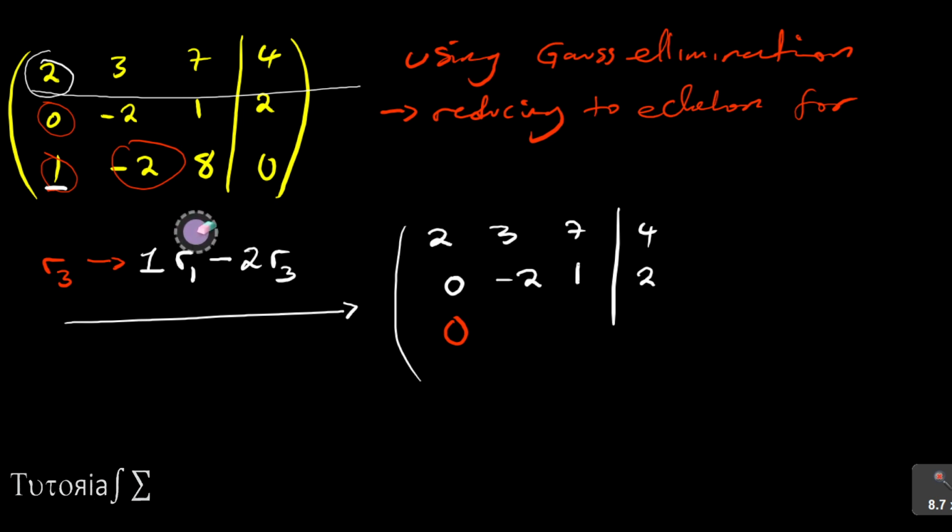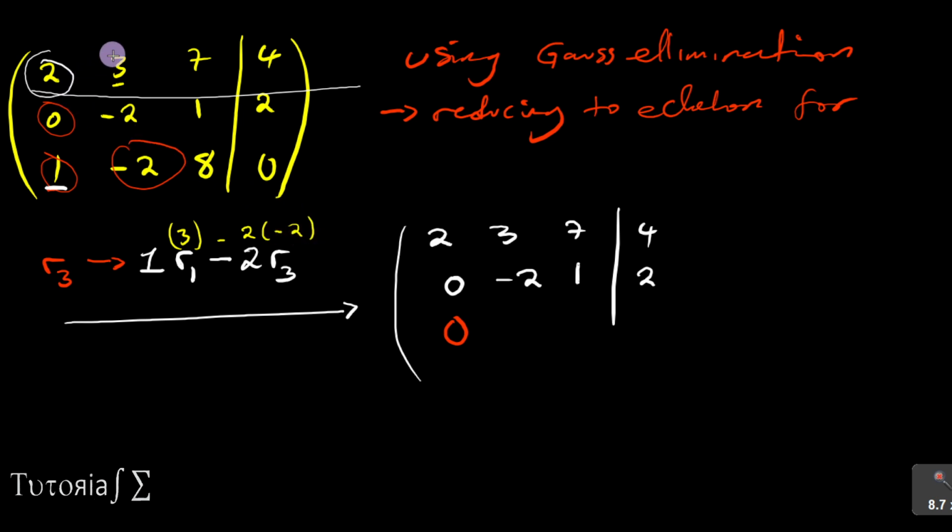So we need to do this for the entire row. So here and here, 1 times row 1, on row 1 here there is a 3, so that would be 3 minus 2 times row 3. On row 3 here there is a -2.